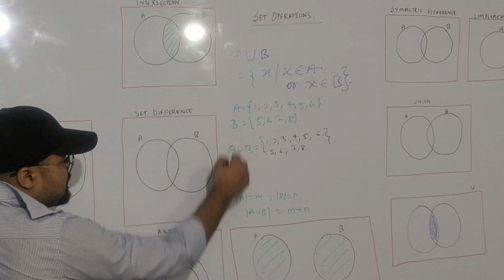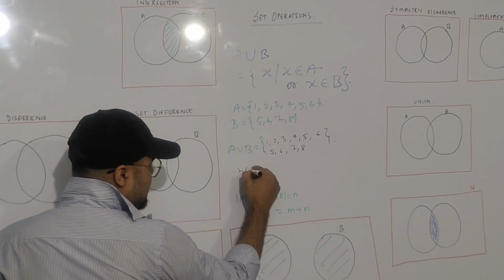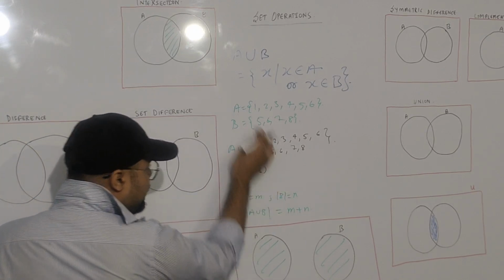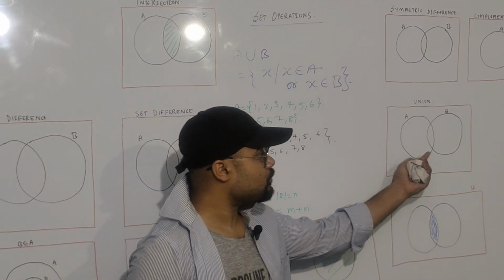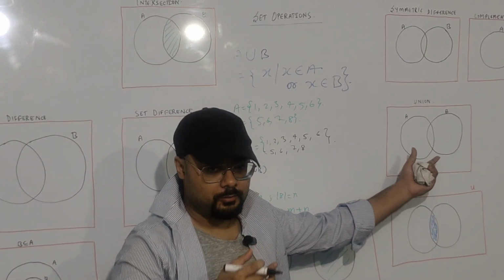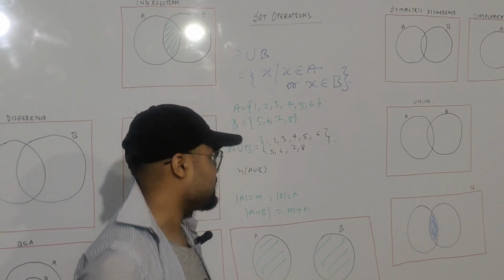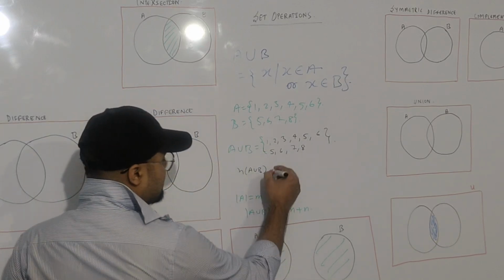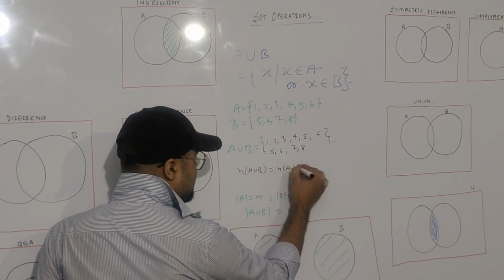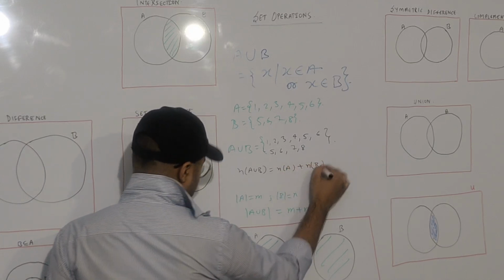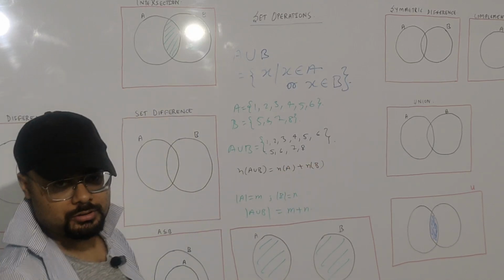But you cannot say that the number of elements in A union B, in case the two sets have some elements in common and are not disjoint sets, is equal to the number of elements in A plus the number of elements in B, because that will be wrong.